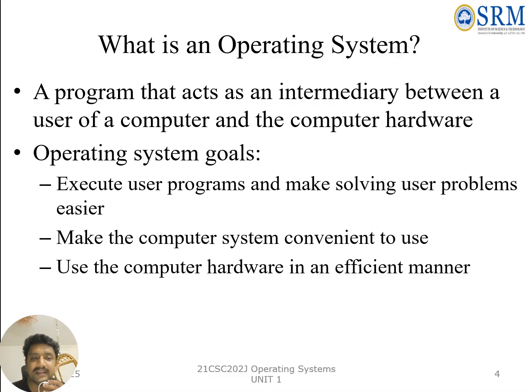To integrate the hardware and the computer, we write a program, and that program is the operating system. It acts as an intermediary between the computer hardware and the computer.